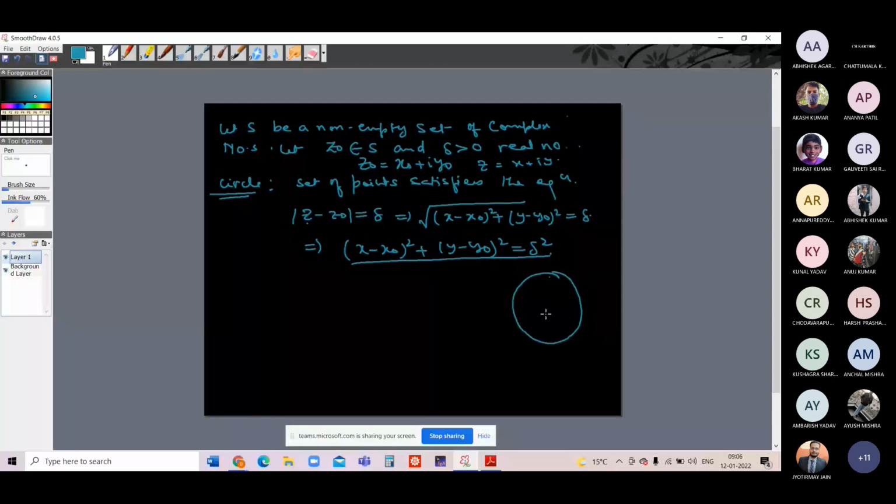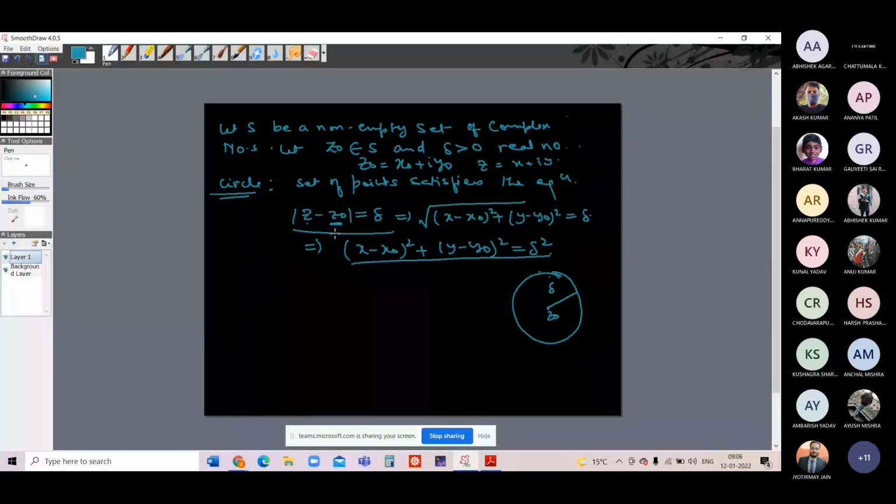This center x naught, y naught, we are denoting in the xy plane by a point. So the center in the complex plane is at the point z naught, and the radius of this circle is delta. z is the point lying on this boundary. It is a variable point, so all points satisfying this equation must lie on the boundary of this circle.